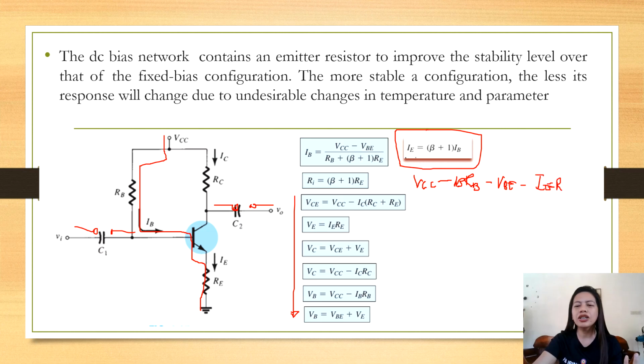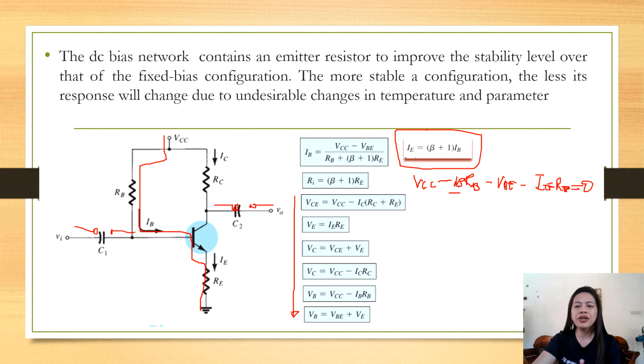Oops. So the very goal of this equation is that we have to isolate only one unknown. So all others should be given so that we can automatically solve this one unknown, which is our target, the IB. Alright, so the IB is found at the second term, and then guess what?